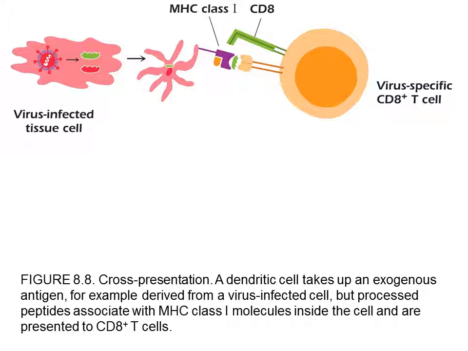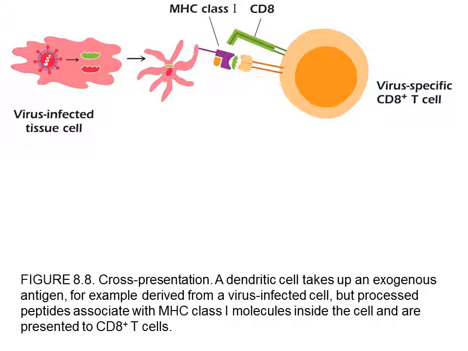This process over here, where a dendritic cell takes up an exogenous antigen, for example, derived from a virus-infected cell, and processes the peptide with class 1 inside the cell and presents it to a CD8 cell, we call it cross presentation. So this is a cross presentation.